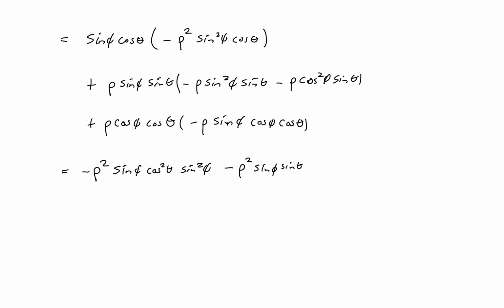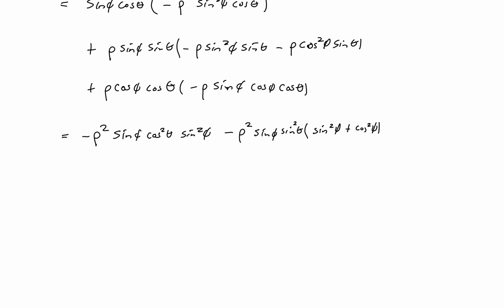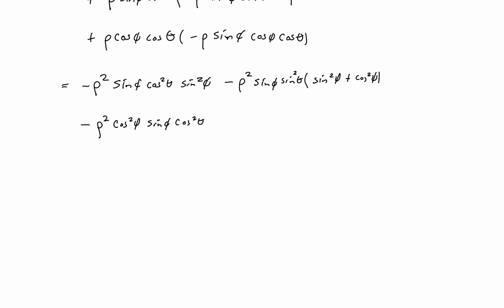And then notice we can factor a rho out, and we can also factor another sine out. So I get a sine squared, and then what's left inside will be sine squared phi plus cosine squared phi. And then for the last one, I'm going to get a negative rho squared, and then a cosine squared phi, a sine phi, and a cosine squared theta. And now the sine squared and cosine squared become 1.